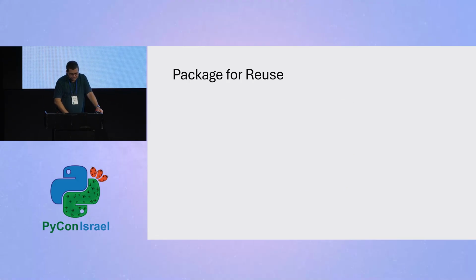So let's find some way to package it for reuse. This can go about in several different routes, but I think the most natural one is to package it into a decorator, into a class decorator. And let's dive a bit into the internals of such a packaged decorator.